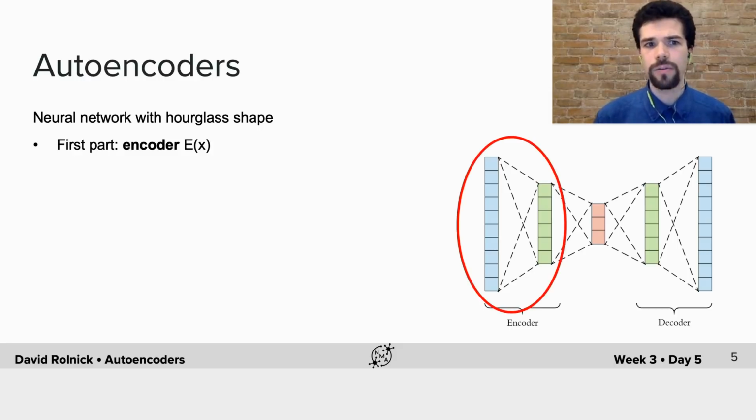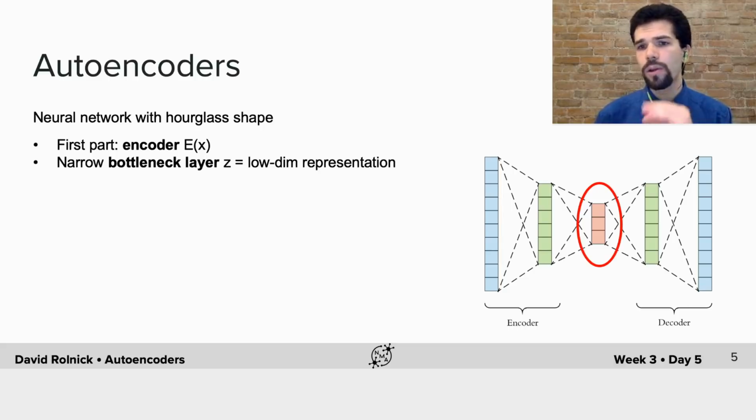Let's look at the encoder first. That's going to take your input, which remember is going to be high dimensional, and gradually make it lower dimensional. In the case of a fully connected network, you just have layers of decreasing width. They start out with a very high width, so very high-dimensional input, then it gradually gets narrower over time until you get to the bottleneck layer. And the bottleneck layer is your low-dimensional representation.